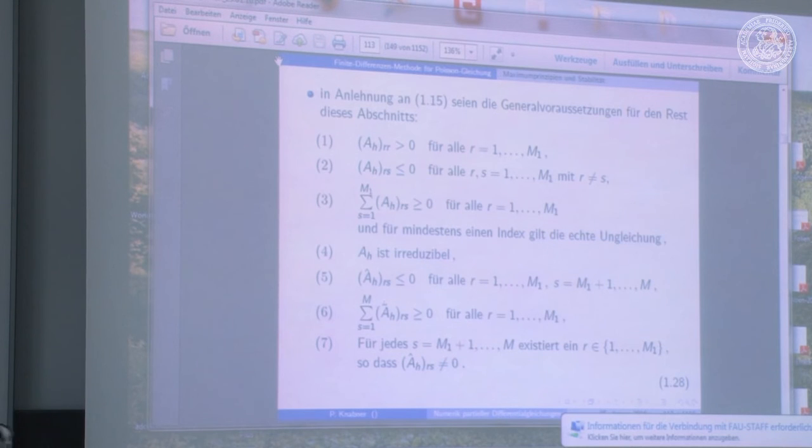And if you remember what that means, if we think again of the 5-point stencil. In the 5-point stencil, at a point which is far away from the boundary, we have our entry 4, and we have all our 4 minus 1s. So we have the 0 here.